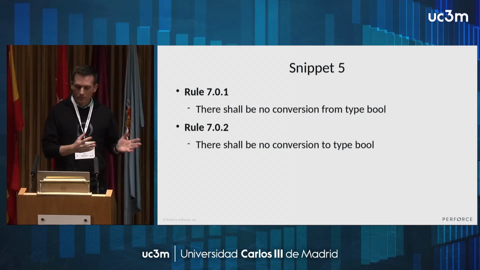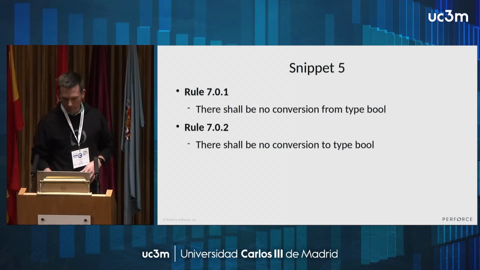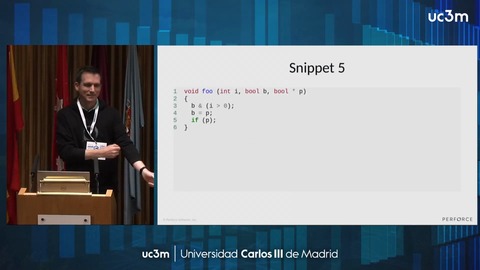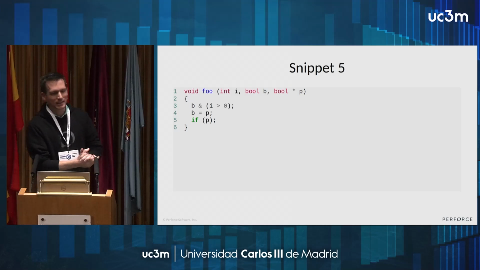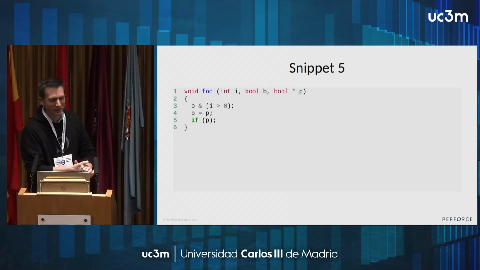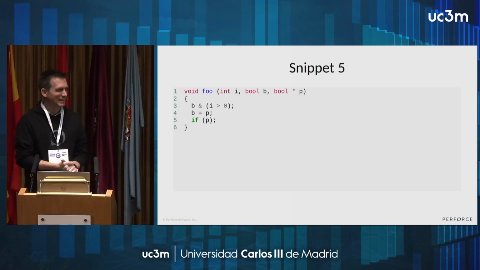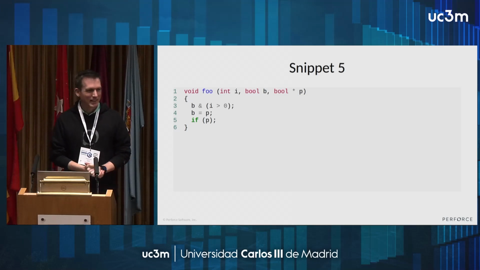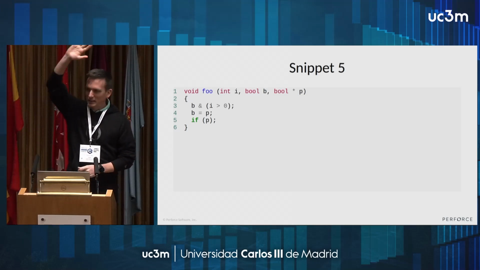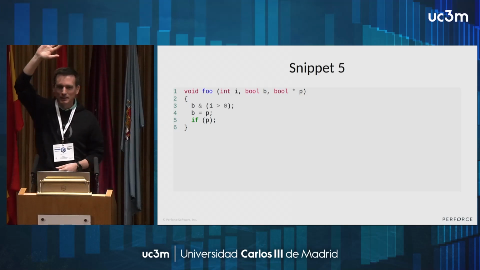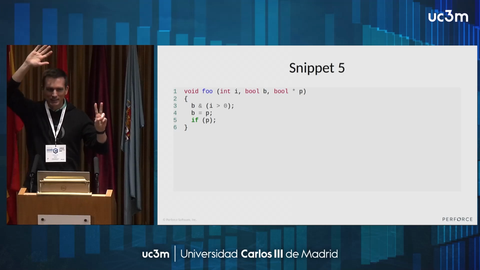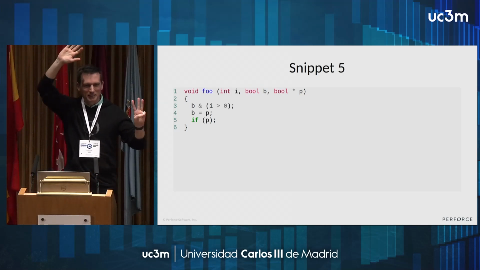No conversion from type bool and no conversion to type bool. Peter's now sitting there wondering, what did we say about that? Okay, fully compliant, 1 non-compliance, 2 non-compliances, 3 non-compliances.